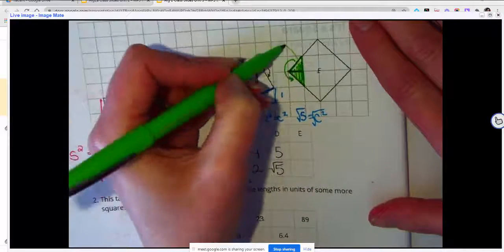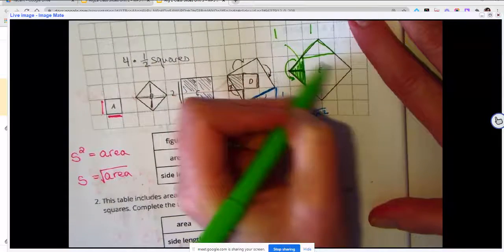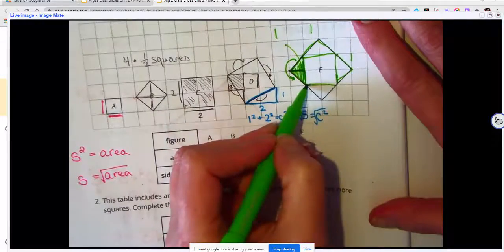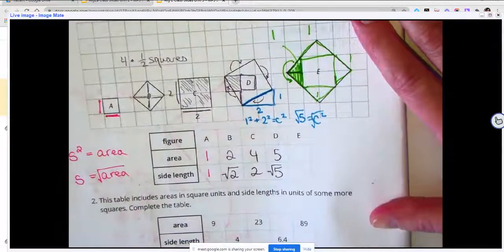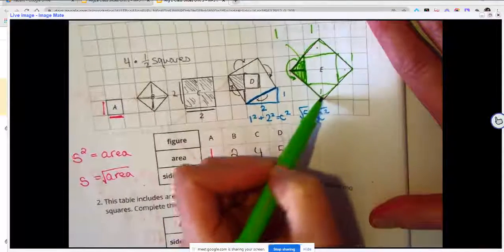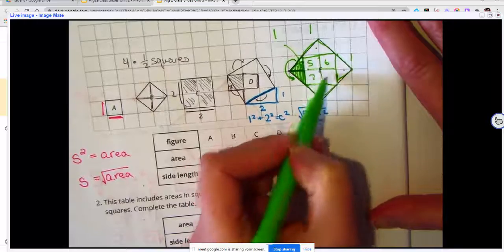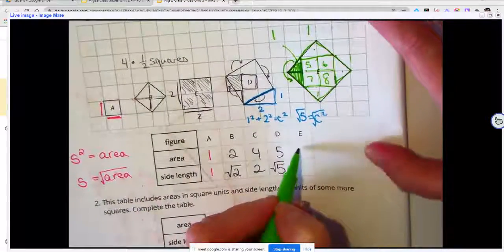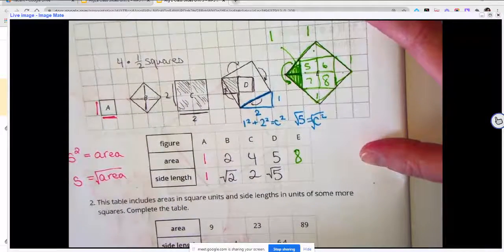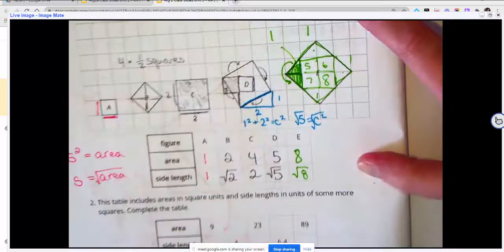So this is 1, and seeing each of that at each of our corners, we now have 1, 2, 3, 4, and then 4 squares here in the middle, 5, 6, 7, and 8. Our area is 8. And so that means our side length would just be the square root of 8.